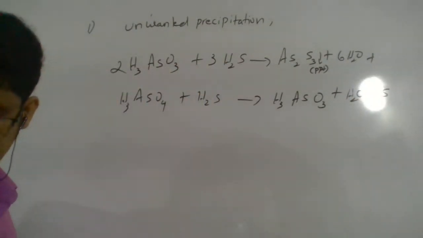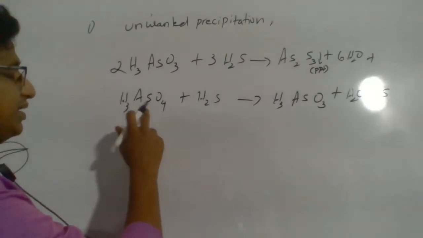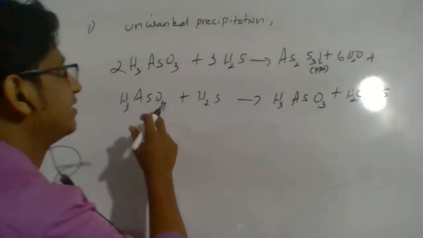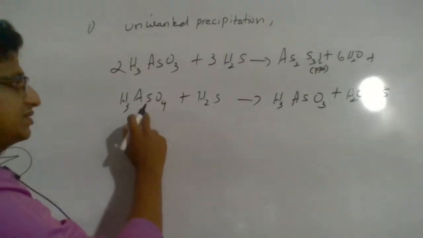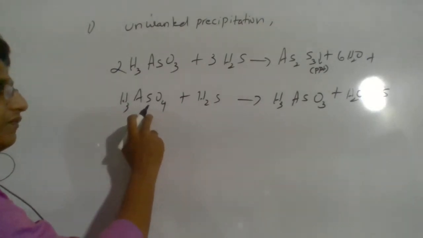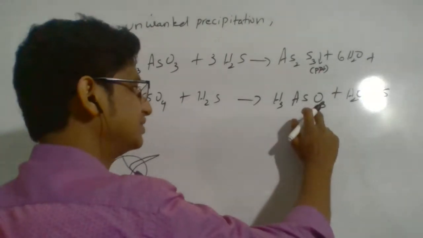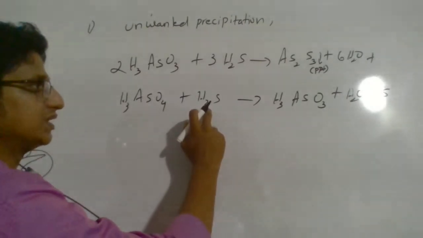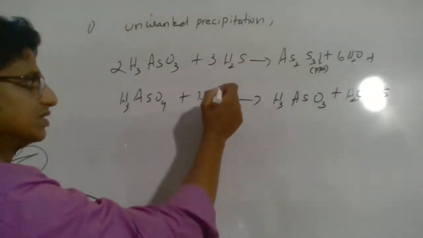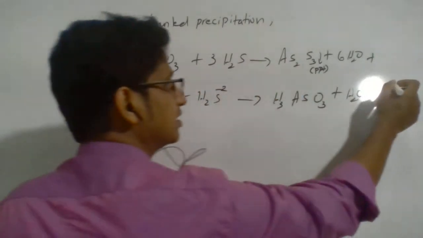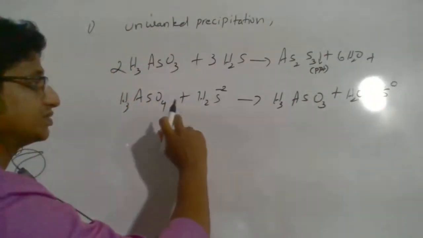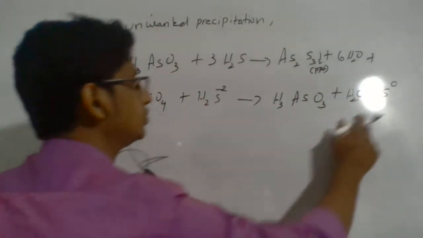Look at this, this is arsenate, and this is arsenite. Arsenate is first converted into arsenite in presence of hydrogen sulfide. Hydrogen sulfide here is in -2 oxidation state, here it's 0, so it is oxidized to sulfur.